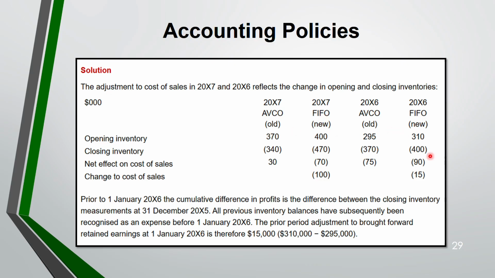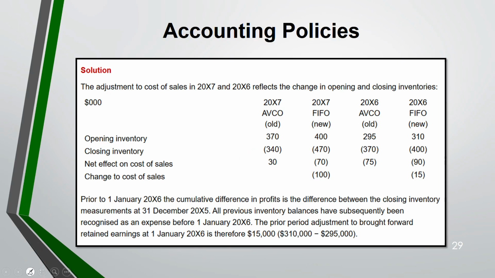And this we have got based on the valuation that is given to us: opening inventory and closing inventory. Remember, the closing inventory of one year becomes the opening inventory of another year. Okay, and then you get the net effect. So the difference, you keep both the differences and then you compare the difference between old and new. So it's 115 that you have to adjust.